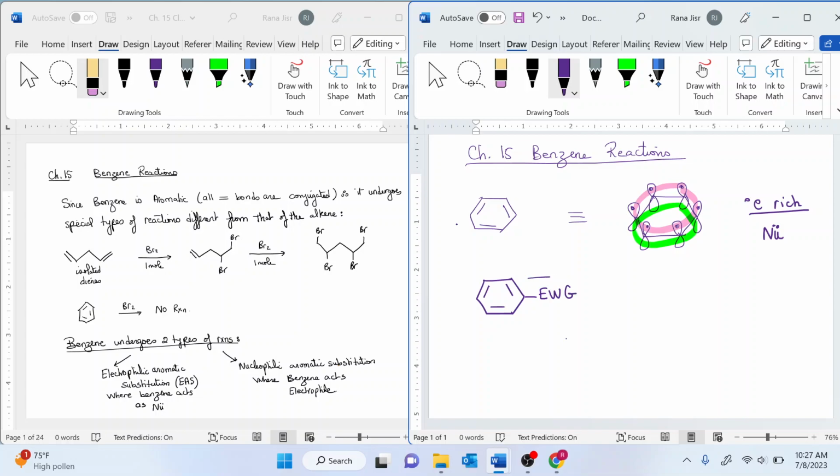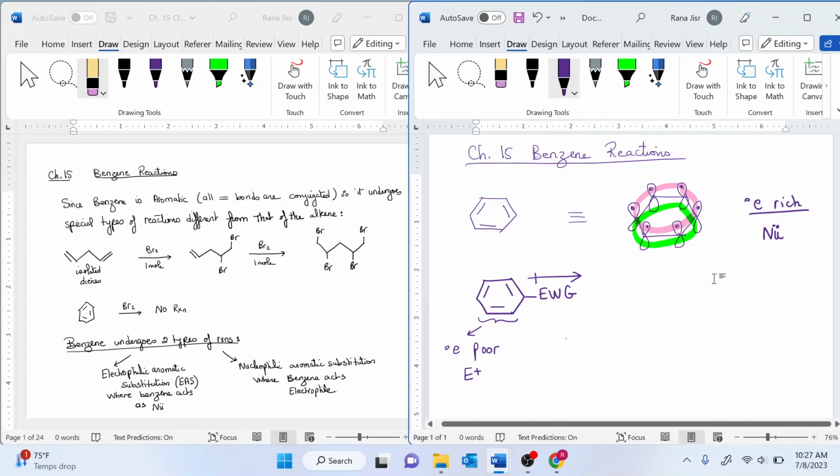Electron withdrawing groups take electrons away from the benzene. So when they take electrons away from the benzene, they are going to make benzene electron poor. So benzene in that case will behave as an electrophile instead of a nucleophile.